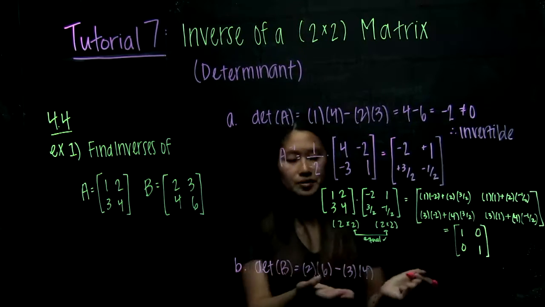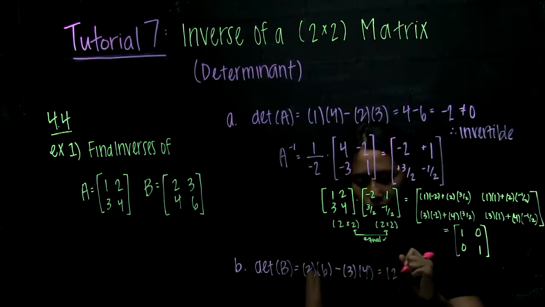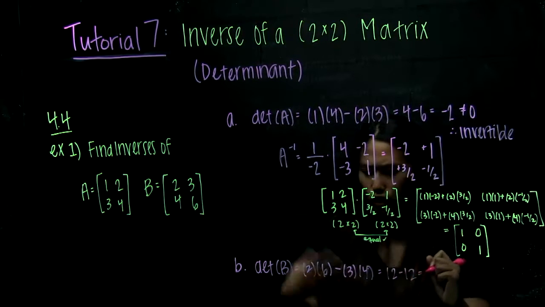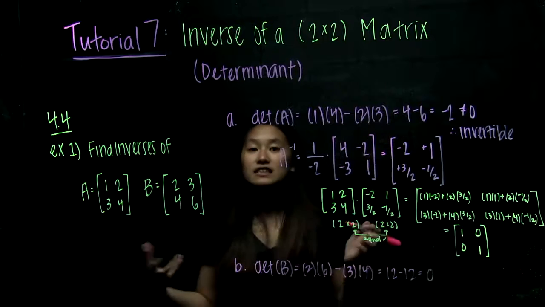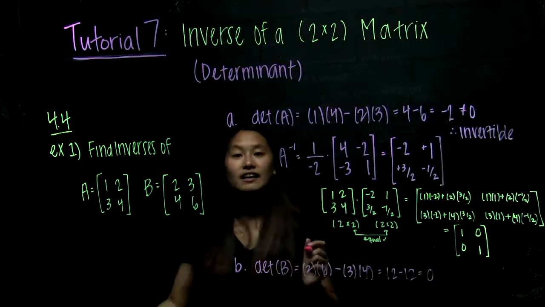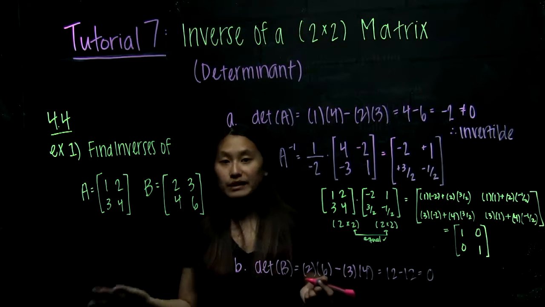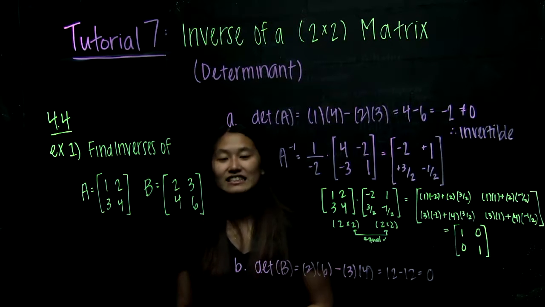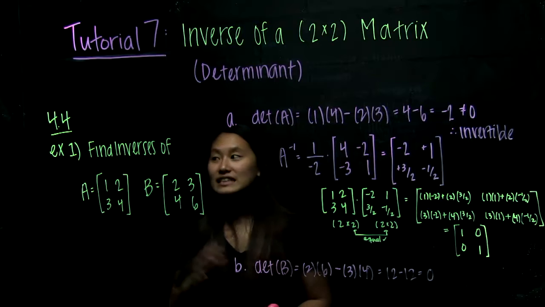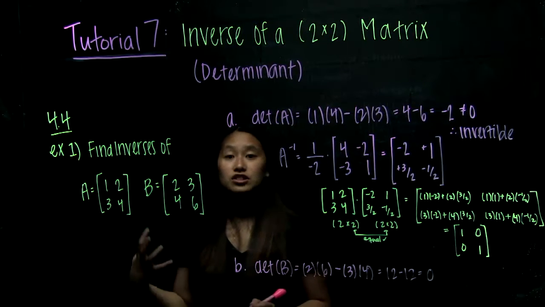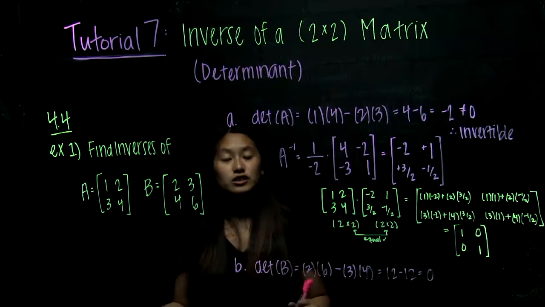In this case, we would get 12 minus 12, meaning that the determinant of B is equal to 0. Because it's equal to 0, that means that B is not invertible, meaning that we cannot find the inverse of matrix B. So as you can see, I went through this example to show you how to use the determinant of a 2 by 2 matrix to solve for the inverse of that matrix.